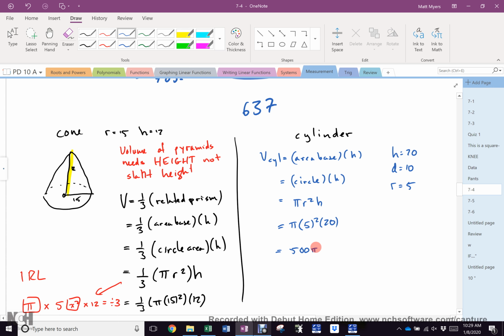Done. That's where I want you to stop in math class. Of course, IRL, you would use the pi button, and you wouldn't punch this all in with the pi button, would you? You would only punch that in with the pi button, because that's way easier to get. And from there, you would do 500 times the pi button and get an answer.